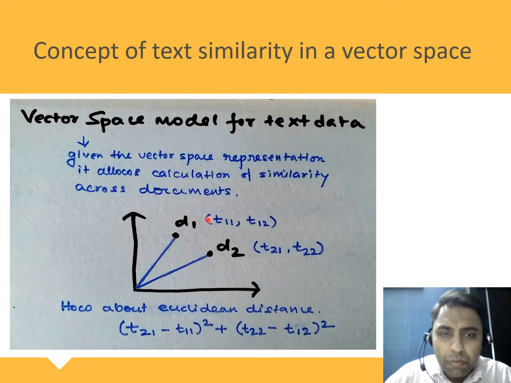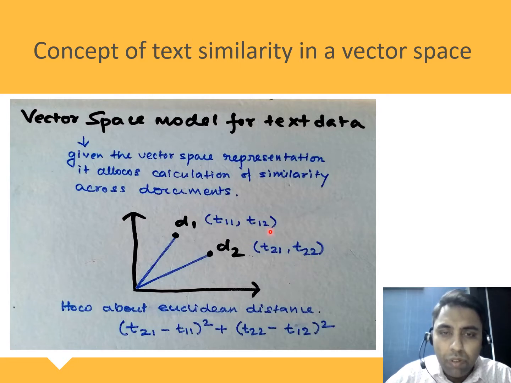So in this case, the two documents D1 and D2 can be represented as coordinate points, and their coordinates will be the corresponding rows in the document matrix, and there will be just two components here, because we are assuming there are two unique terms in the vocabulary.